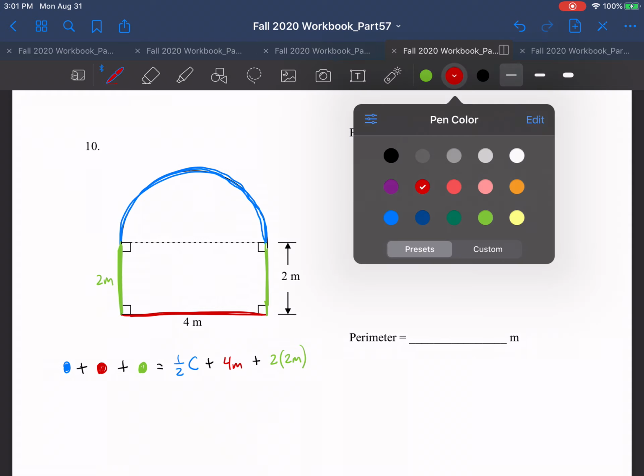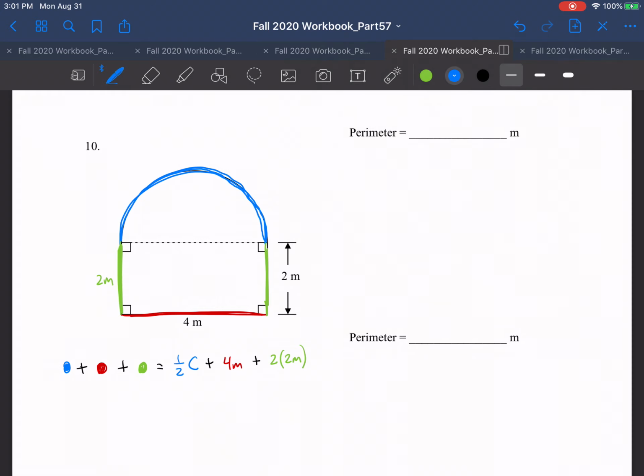Now, going back to this circumference one, we again need to take note that the diameter is the same as this. This part right here is also 4 meters, which means the diameter of that circle is 4 meters.